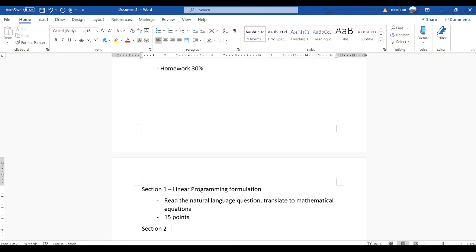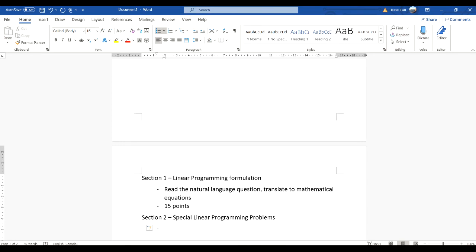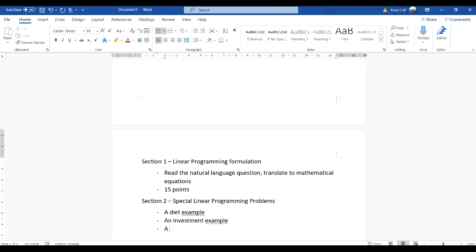Section 2. Special linear programming problems. We will have a diet example, an investment example, a marketing example.